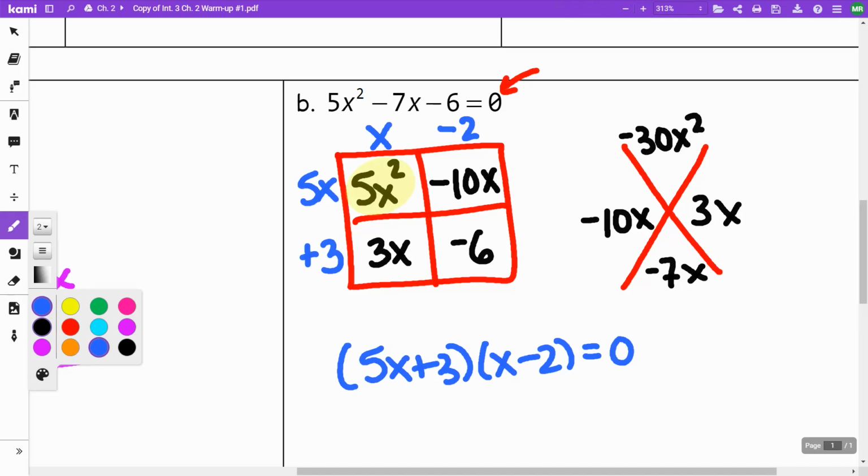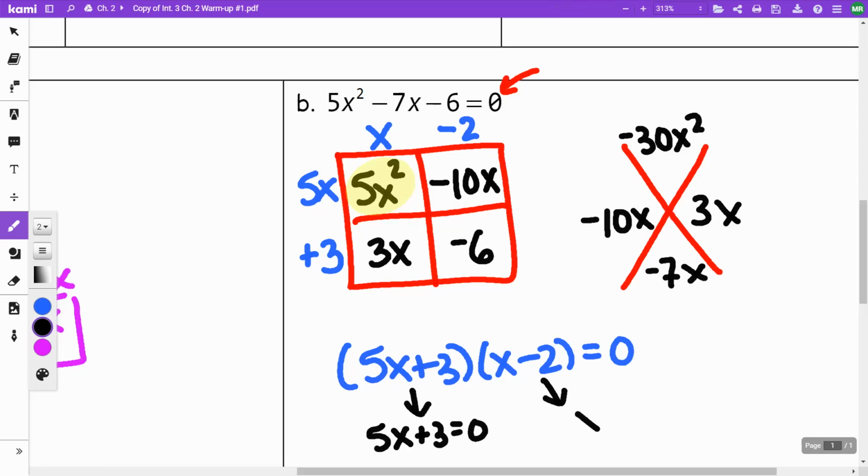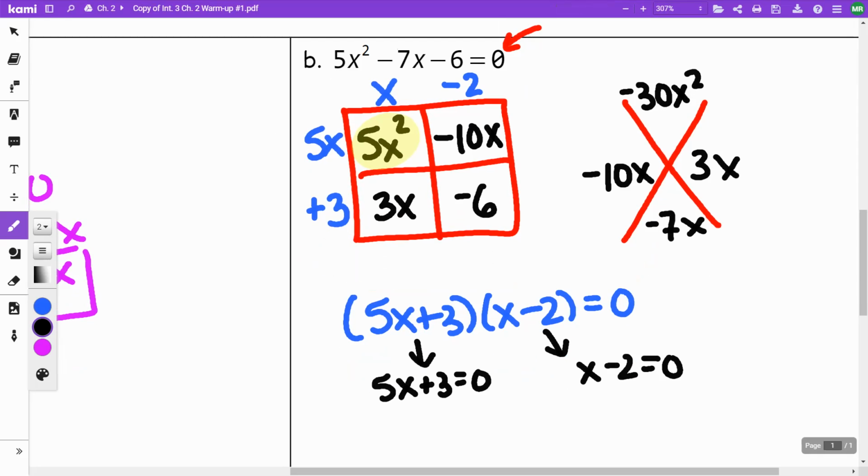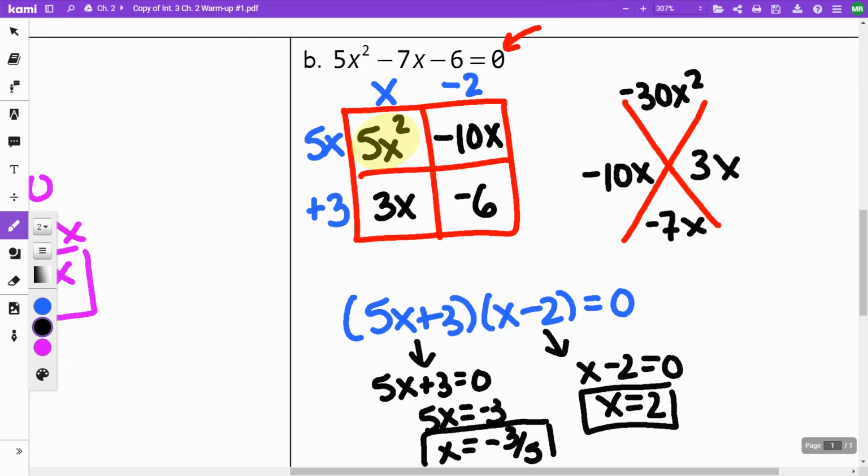And then I'm going to set both of those factors to 0. So 5x plus 3 equals 0, and x minus 2 equals 0. This one, I'm going to get 5x is equal to negative 3, so x is going to be equal to negative 3/5. This one's going to be x equals 2. Those are the answers.